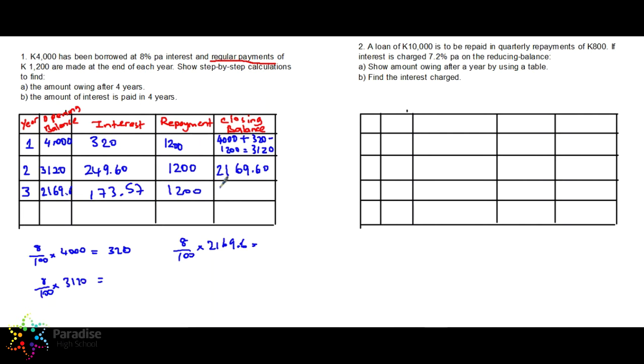So we will get here 1,143.17. That will be carried over to the final year, the fourth year, 1,143.17.